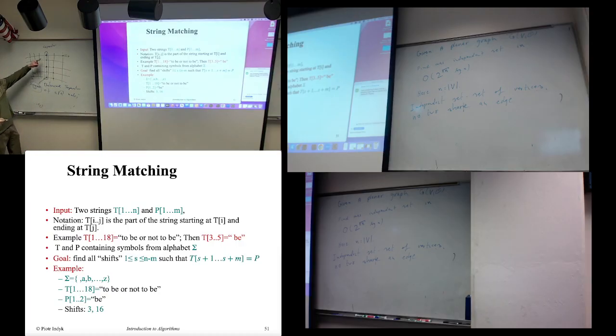That the blue vertices will belong to the independent set, and when I remove them, of course, I break the graph into two pieces.